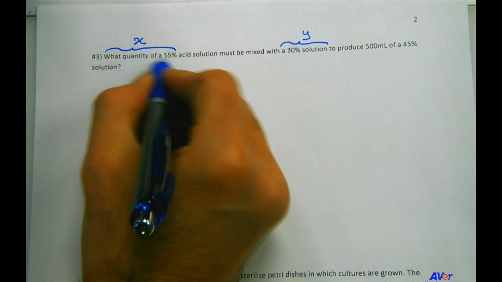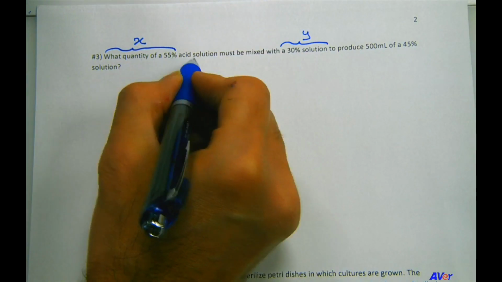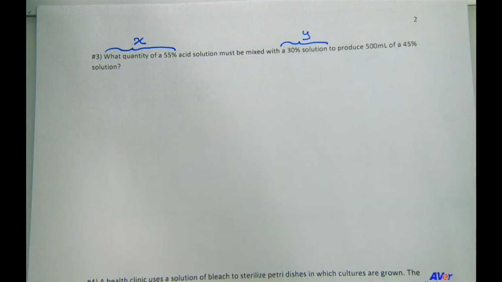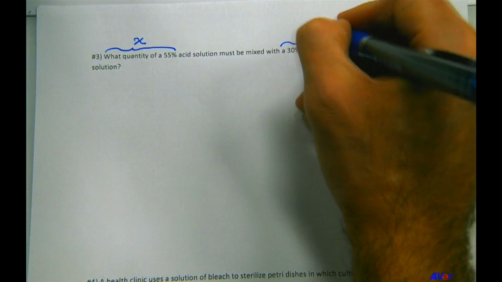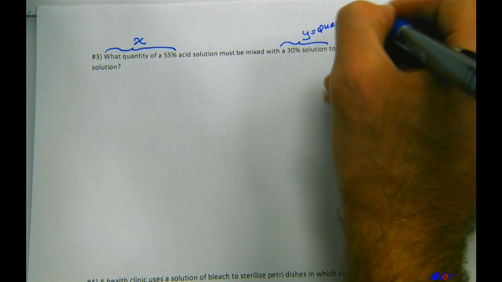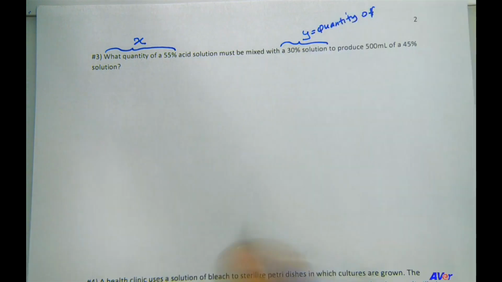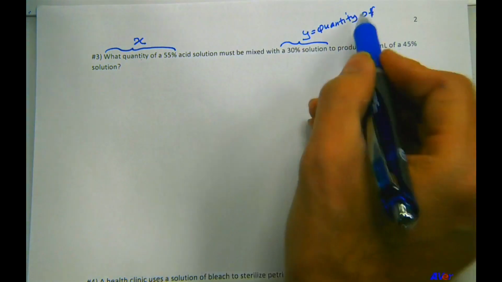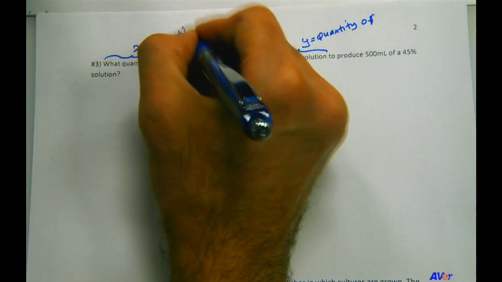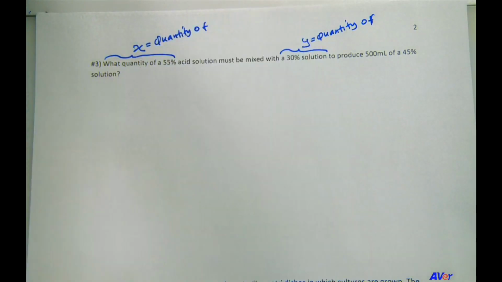So x is the quantity of 55% acid solution, and y is the quantity of 30% solution.